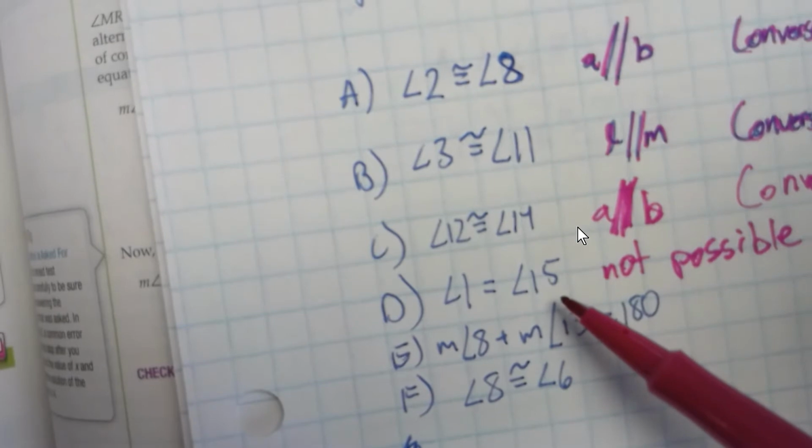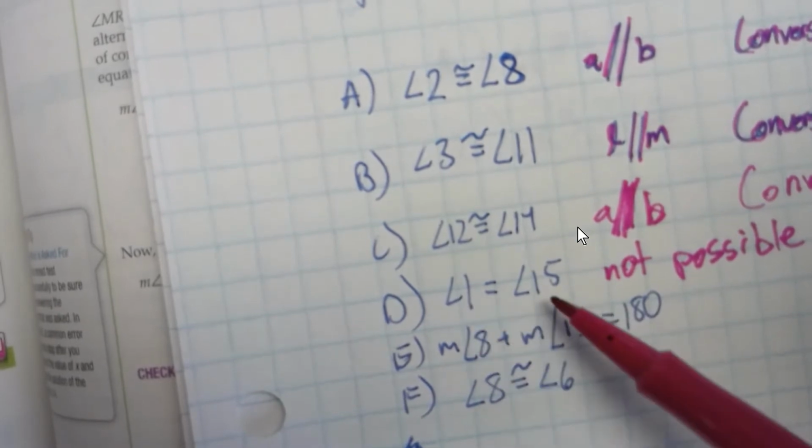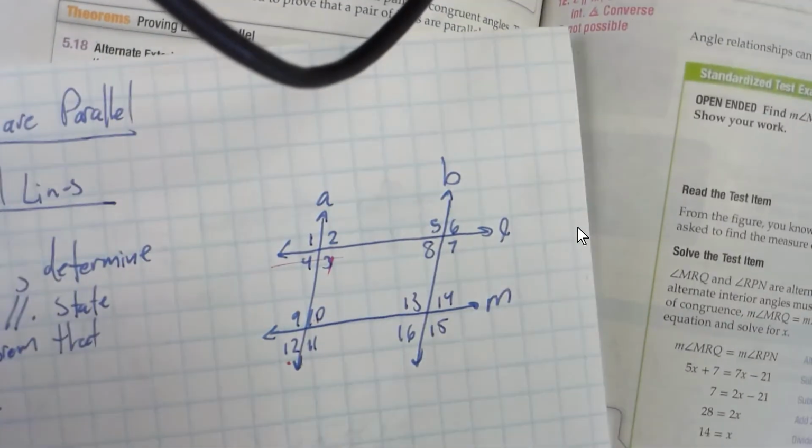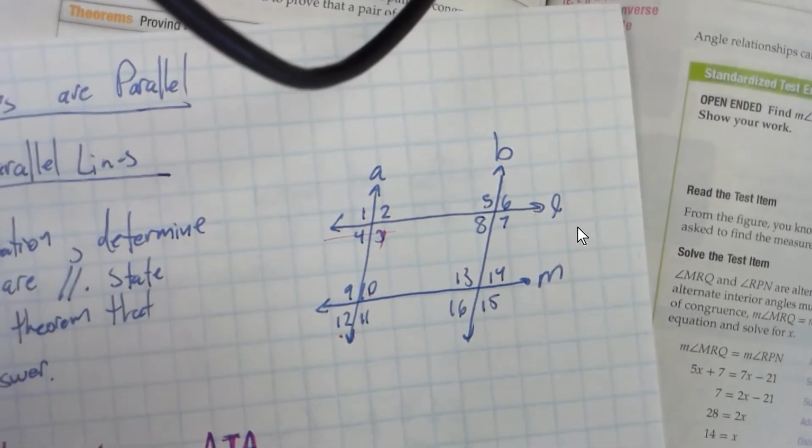Can we link that fact up with one of these singular converse theorems to say that any of these lines are a group of parallel lines? And we say no. We can make many connections to get to that answer.